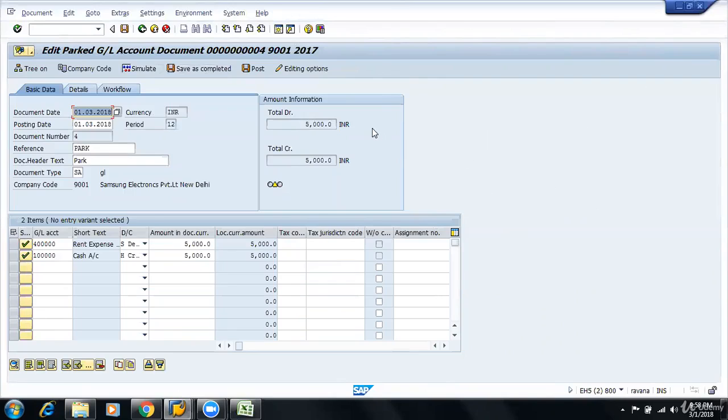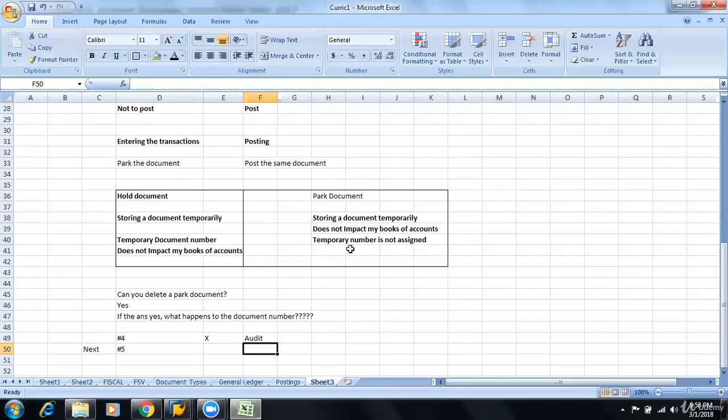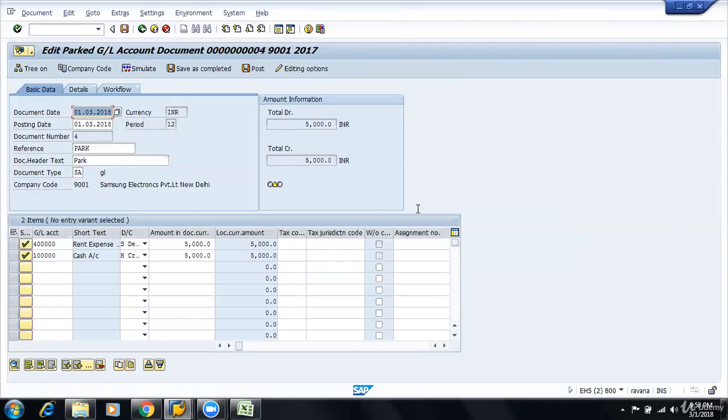Well, one question which most of you should have is, okay, I'll just explain this later on. Okay, coming back to this screen. Can I post this document now? The manager, yes, of course he can because he has rights to post.